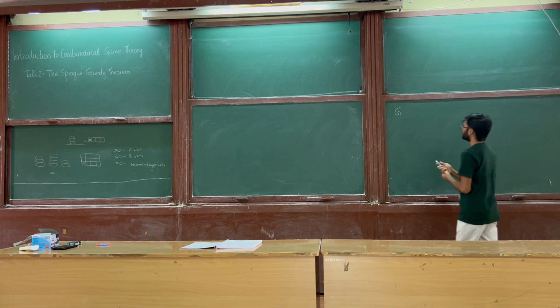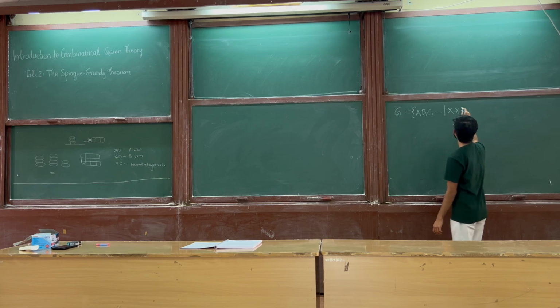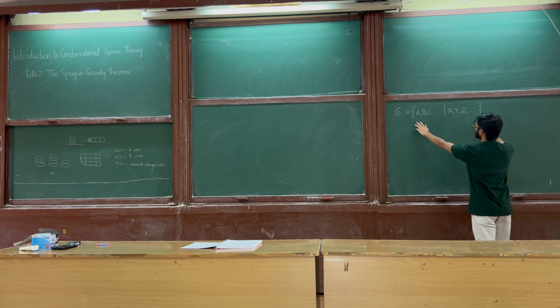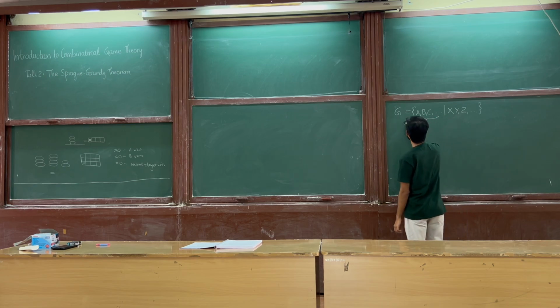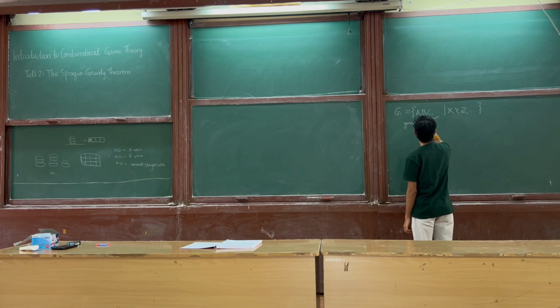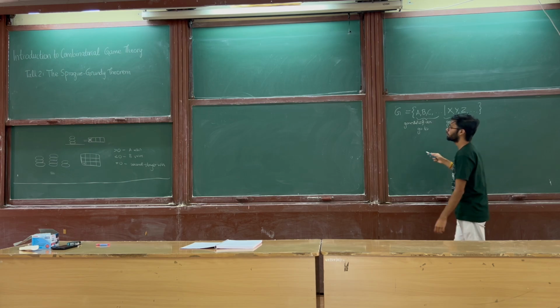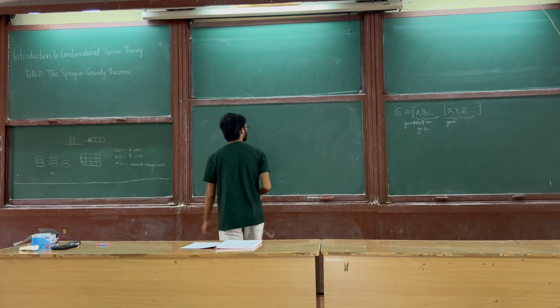I want to describe it, and the way I am going to describe it is, I'm going to write this expression for a game G. And there are 2 players in all of our combinatorial games. Those players are conventionally called left and right.